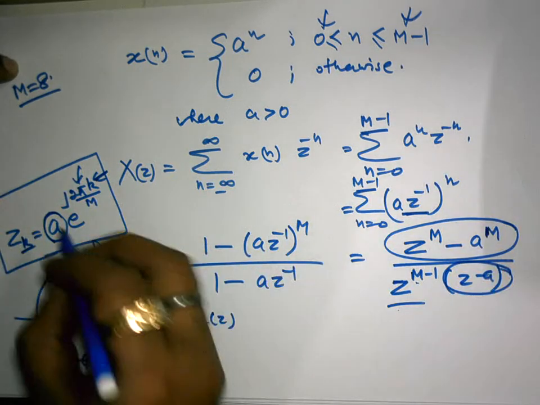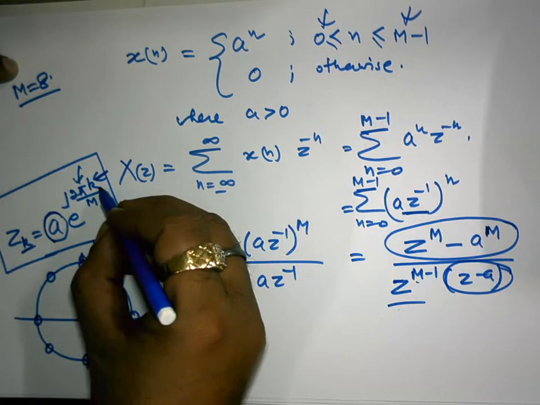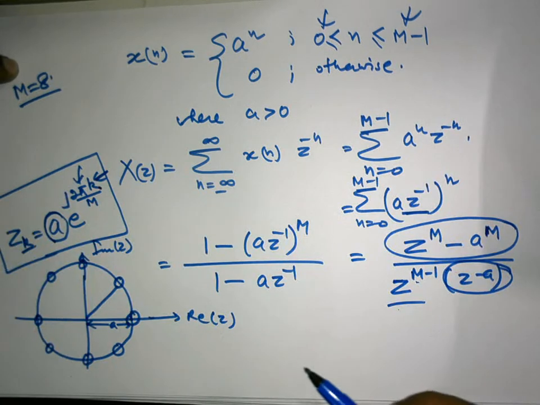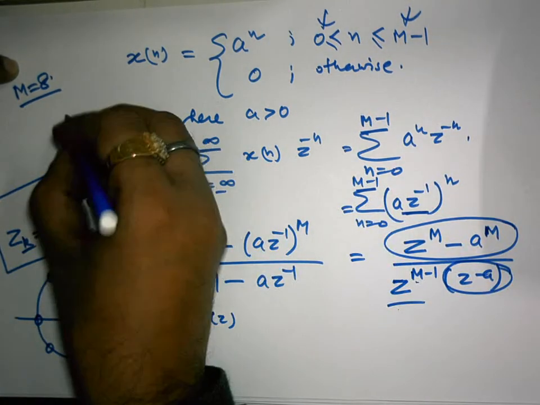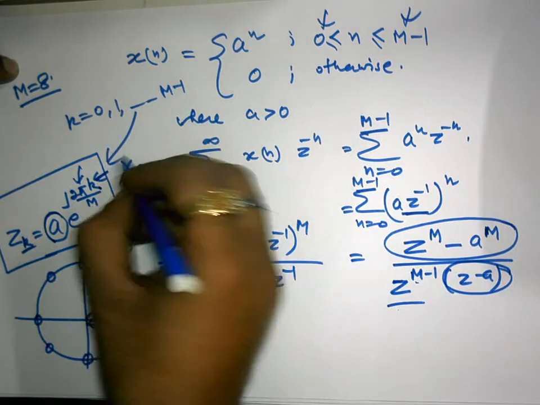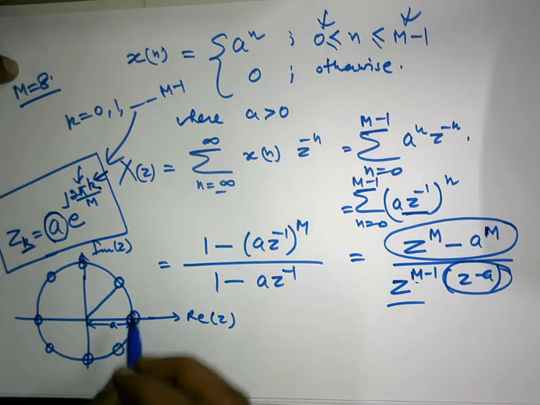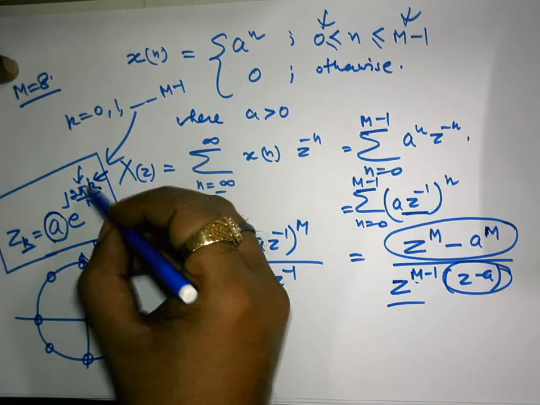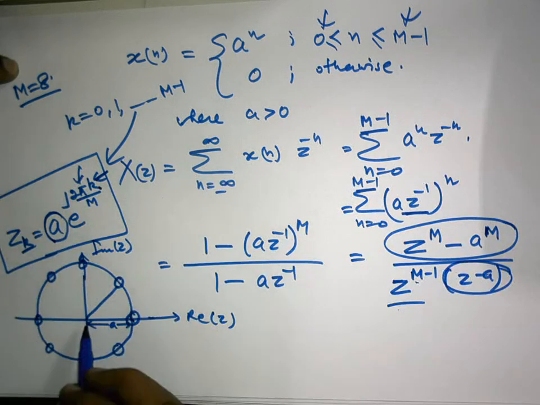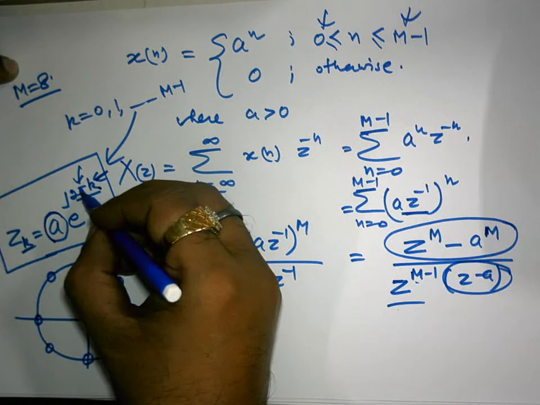And what is the angle of this zero? Here we put k to be equal to 1. K ranges from 0 to M minus 1. K is ranging from 0, 1 up to M minus 1 in this expression. So, if k is equal to 0, the angle is 0 and it occurs at a. If k is equal to 1, it is 2 pi over 8.